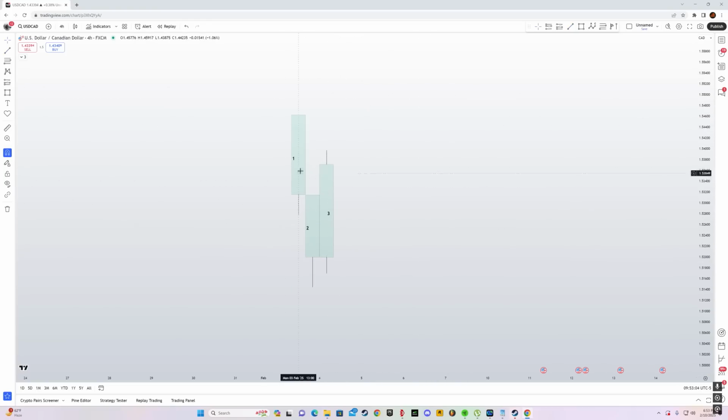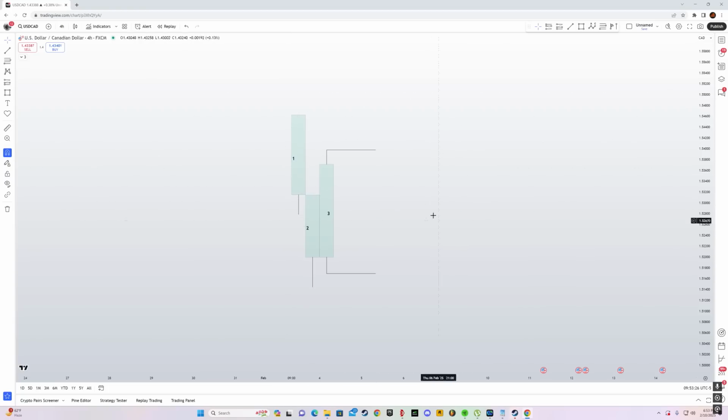So what exactly is the strategy? On the 4-hour time frame, we want to wait for price to form a low or a high. So let's say we have a low over here. What you want to do is ignore the first and second candle and focus on the third candle. All right, this is very important. Now, what you have to do is mark out the high and the low of the third candle. We're not looking at the second candle.